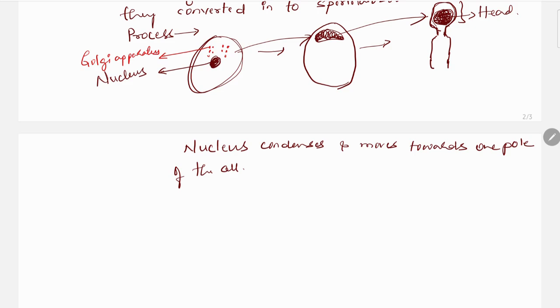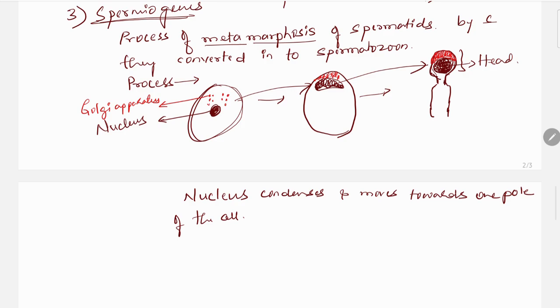They are going to come in front of the nucleus at that pole, and convert into one special type of cap around the sperm head, called the acrosomal cap.